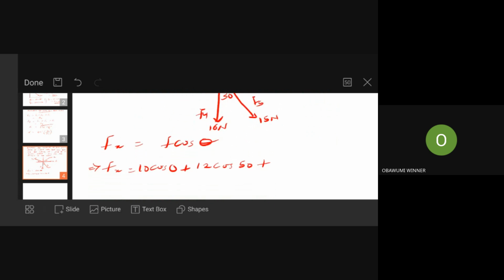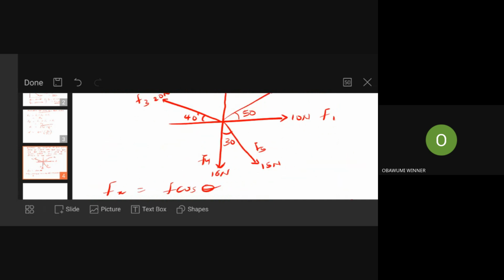So I have negative 20. So let me put that in bracket, minus 20 multiplying cosine 40. Plus, I come down here, I have F4, which is exactly on the negative vertical. So you see, 16 Newton, the angle of inclination from that vertical line to the horizontal clearly is 90 degrees because from here to here, they are perpendicular.